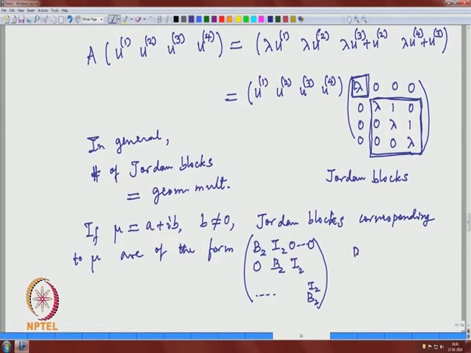So, B2 is the 2 by 2 matrix (a, b; minus b, a), and I2 is just the identity 2 by 2 matrix, 1 0, 0 1. So, here in case of the real thing we have just scalars on the diagonal, but in the complex case we have these 2 by 2 blocks. Okay. So, this is the only difference.